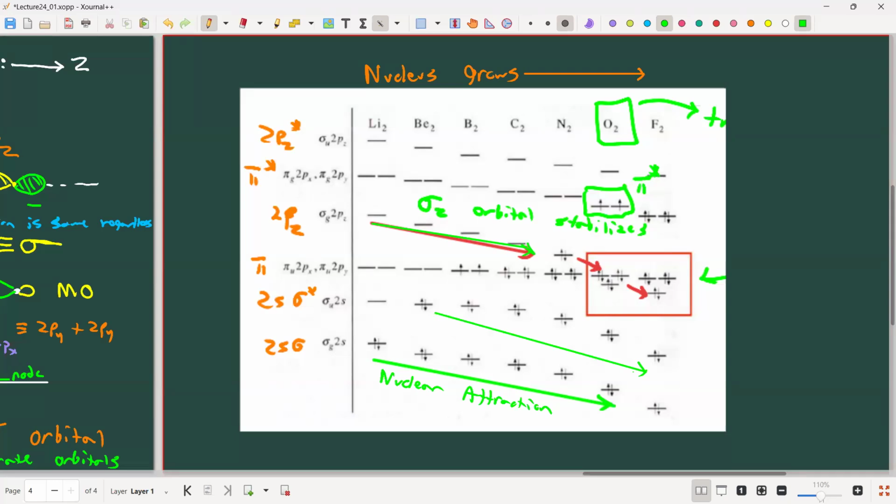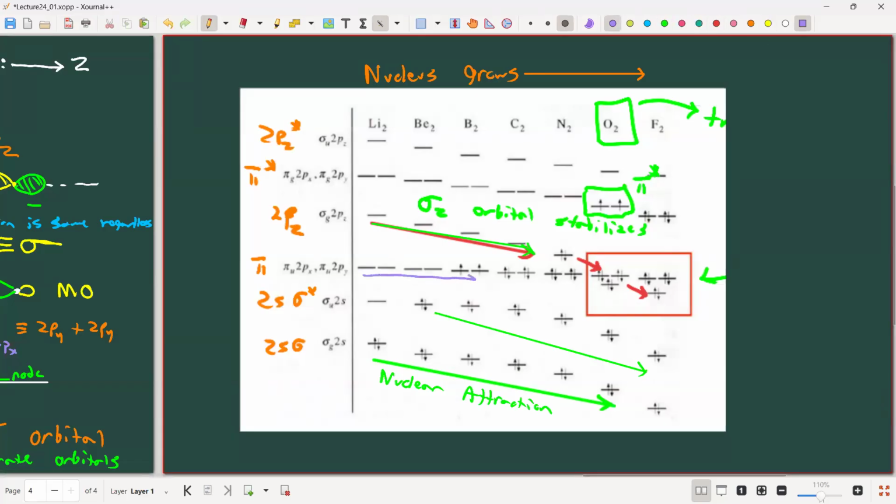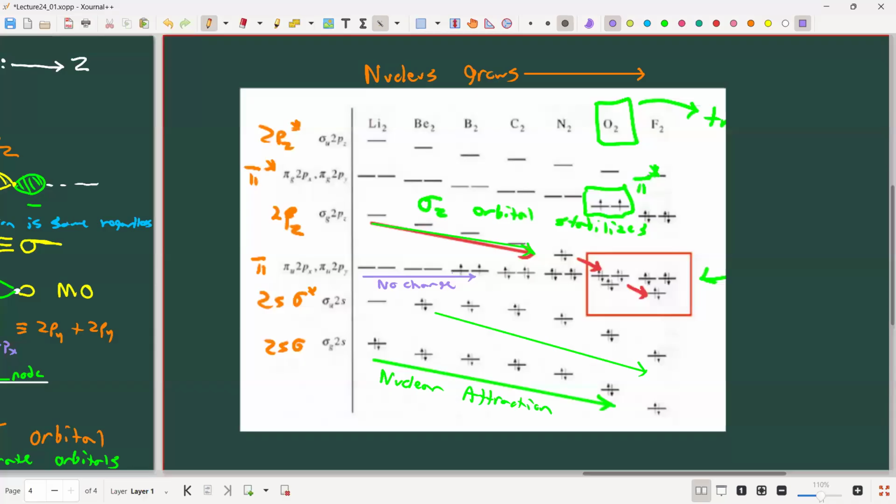But now notice the pi orbitals. Pi orbitals hardly change at all as you go. Now, why is that? Very little change along the pi's. Well, the reason is that those electrons have been polarized out of the bond axis. They've been pushed out, and they're orbiting the system outside of the bond axis.